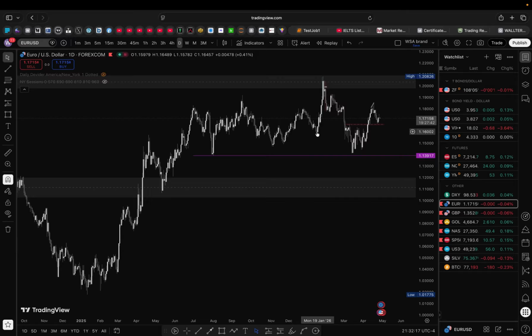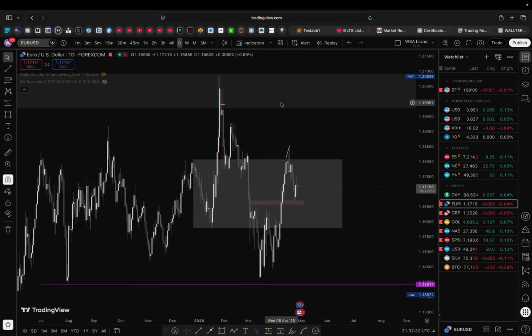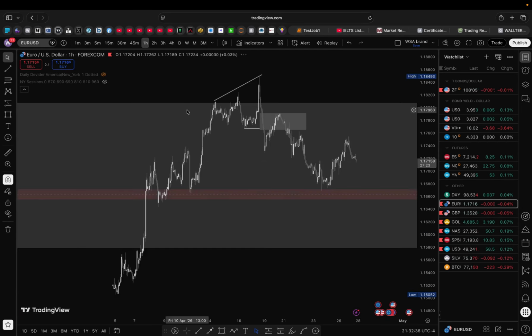The break of this low creates a bearish pivot. So this move inside of here, all I'll be expecting is for price to drop. But being that this is the daily chart, it's going to take a lot of days for this to play out. So let's go down on the lower time frames and see what price is doing.